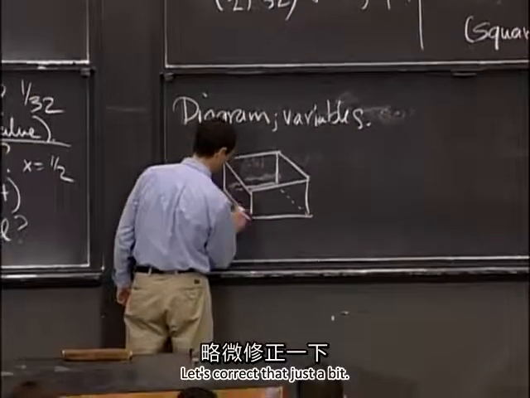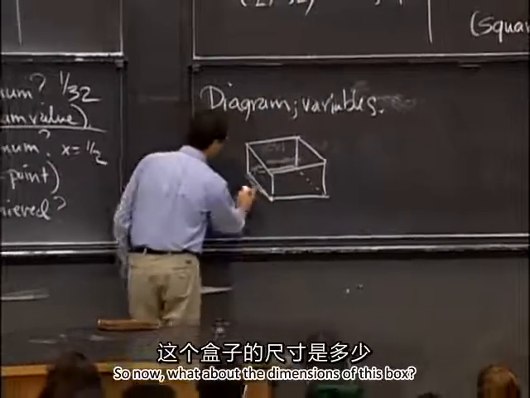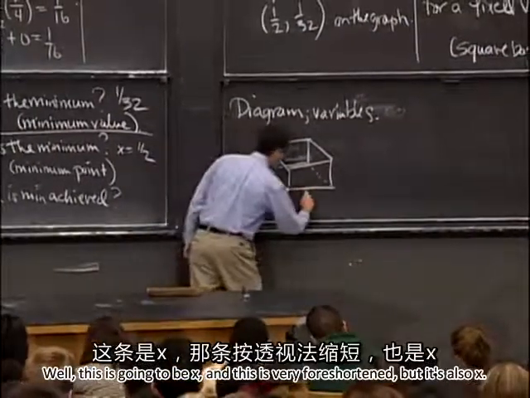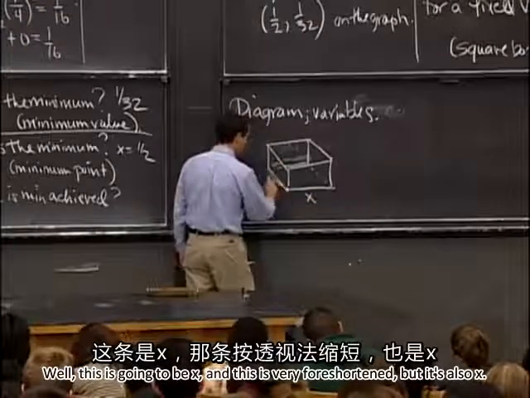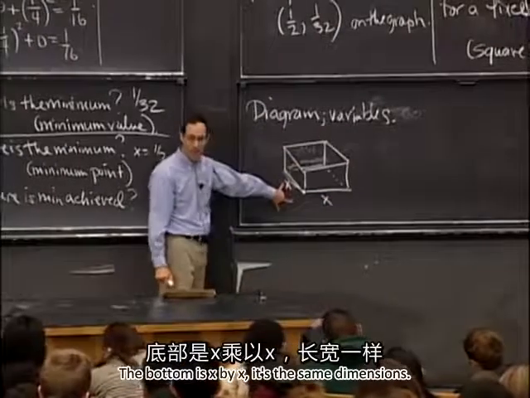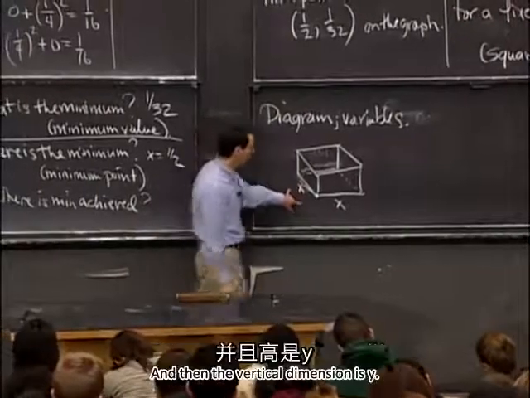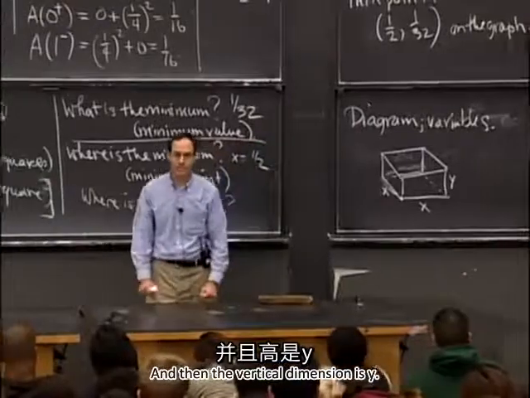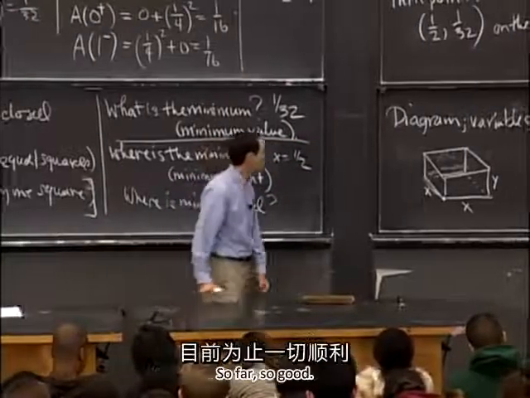Let's correct that just a bit. All right, so now what about the dimensions of this box? Well, this is going to be x, and this is very foreshortened, but it's also x. The bottom is x by x. It's the same dimensions. And then the vertical dimension is y. Okay? So far, so good.